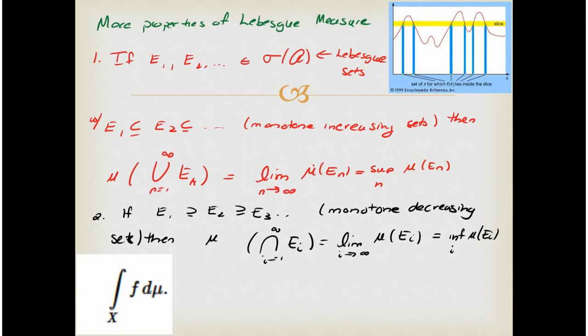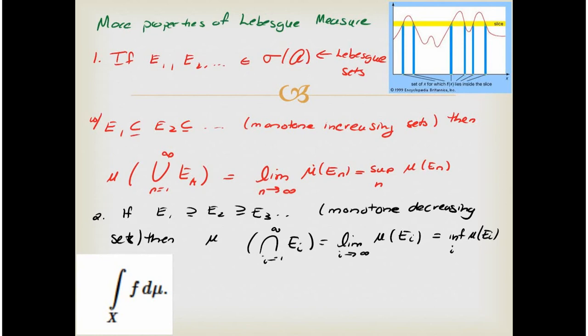Likewise, in reverse, if I have E1 as the largest set and all the others are contained like a nested babushka doll, then the measure of this intersection exists, and it turns out that it's equal to the limit, which is really equal to the infimum of all these mu's. And just to remind you from real analysis class, the infimum is the greatest lower bound of your sequence or your set.